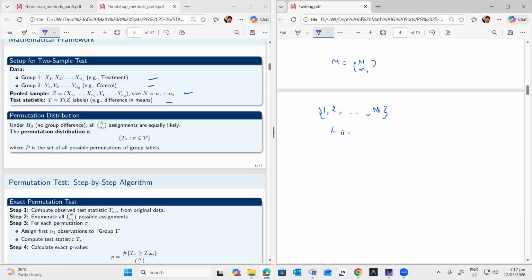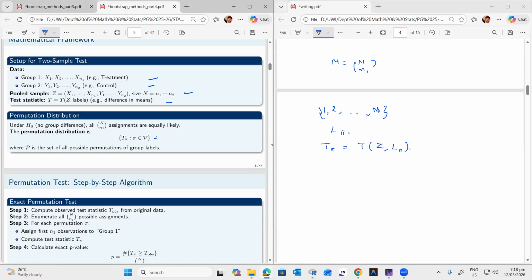Then T pi, that is your test statistic, equals a function of T, Z and L pi. Thus this set T pi such that pi belongs to the script P is the reference distribution for the test statistic under the null hypothesis. We will call this the reference distribution.